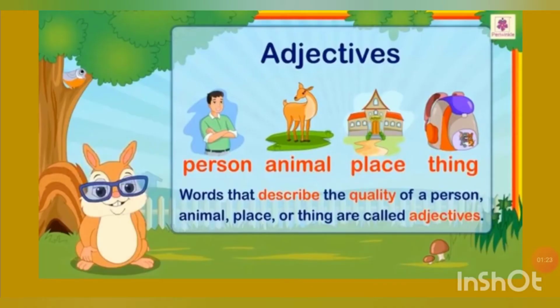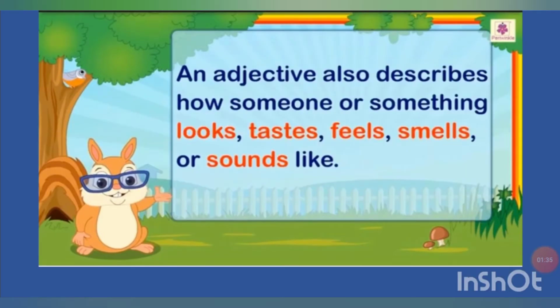Now, adjectives are words that describe the quality of a person, animal, place, or thing. Okay? Adjectives also describe how someone or something looks, tastes, feels, smells, or sounds like.